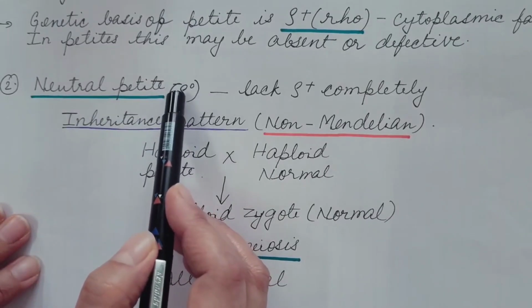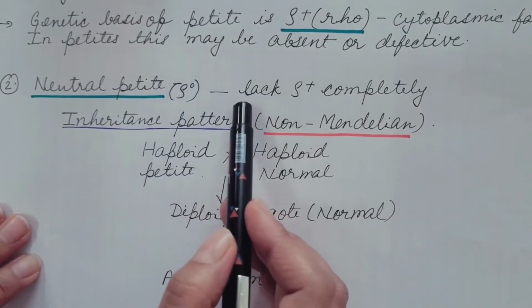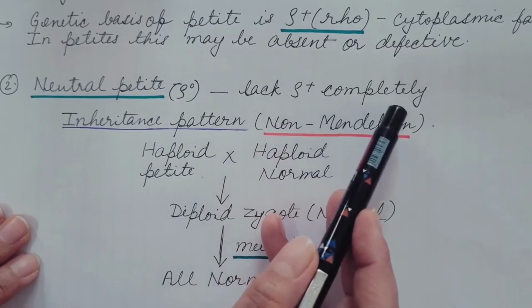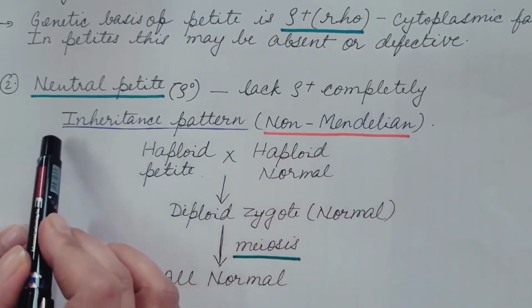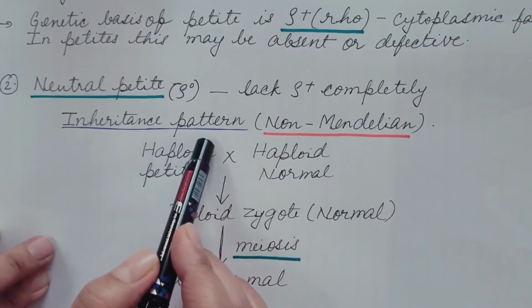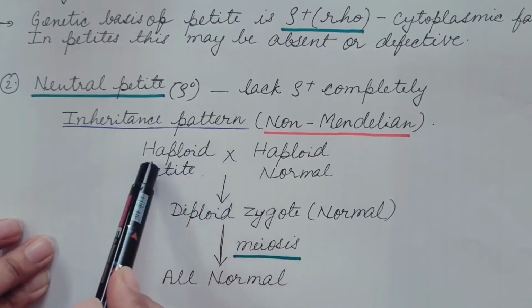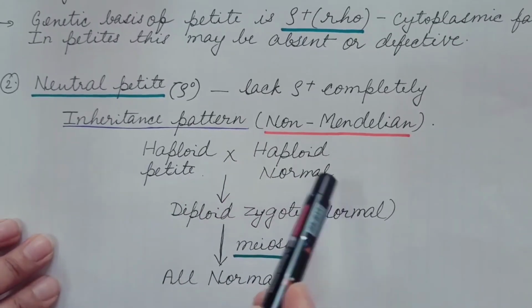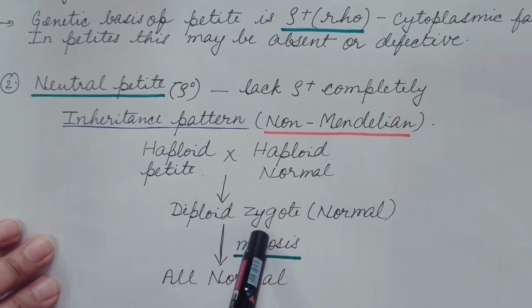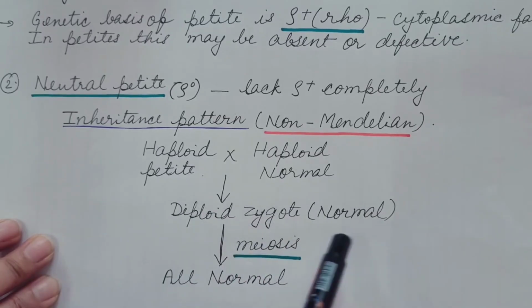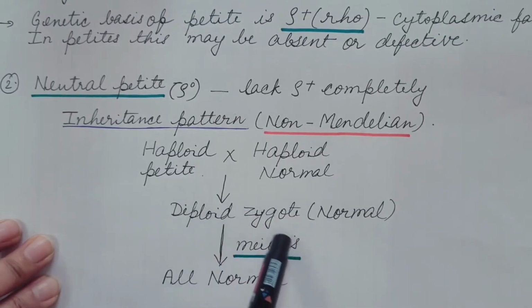One such peptide is neutral peptide. It is shown by Rho 0. That means it completely lacks the Rho factor. Let us see its inheritance pattern. When the haploid peptide is crossed with the haploid normal, then we get a diploid zygote, and this is normal. Then this undergoes zygotic meiosis, and the progeny or the spores or the haploid cells which we get are all normal.